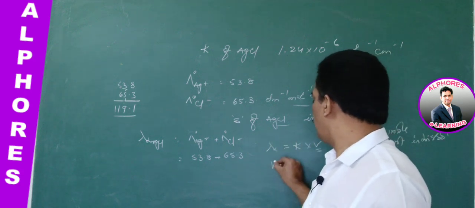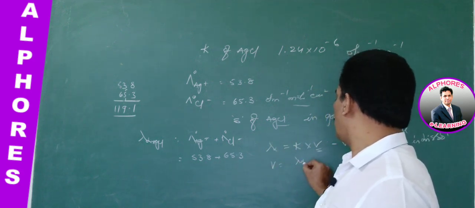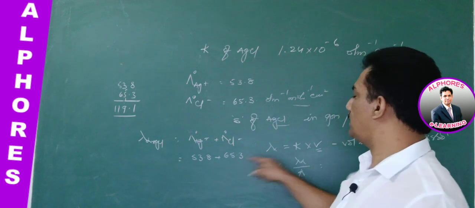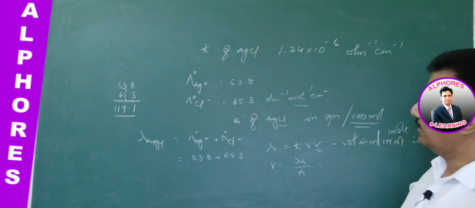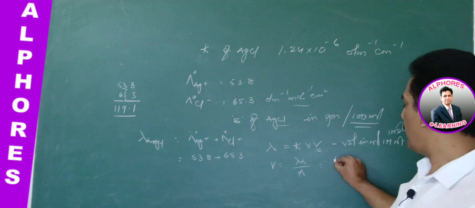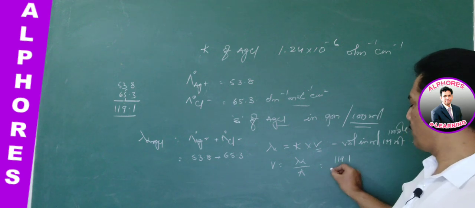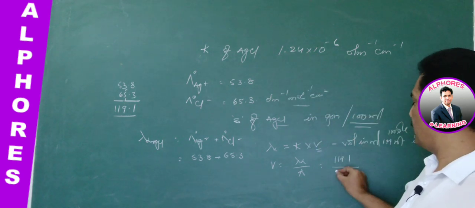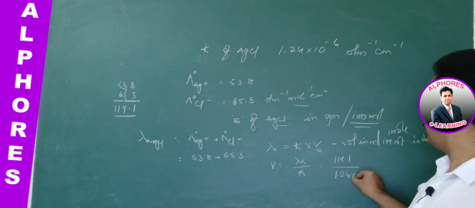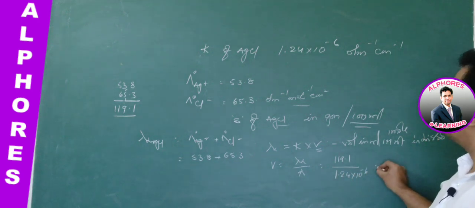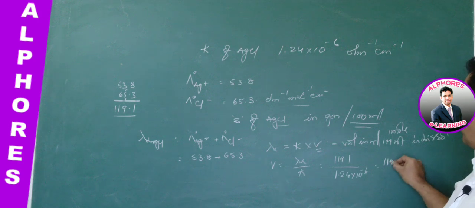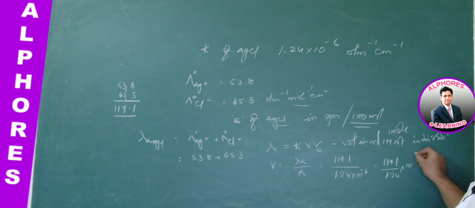So we have to measure this V now. How to get it? V is nothing but lambda infinite by kappa, that is 119.1 by the kappa value they provided, 1.24 × 10^-6, so 119.1 by 1.24 × 10^-6 is the volume.